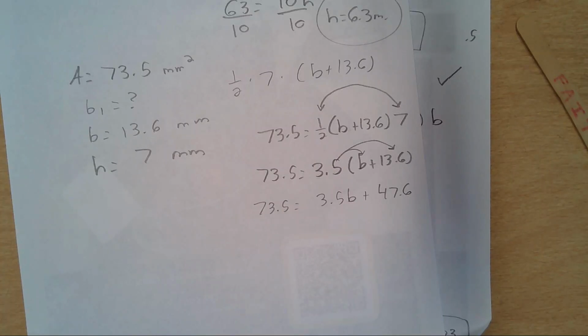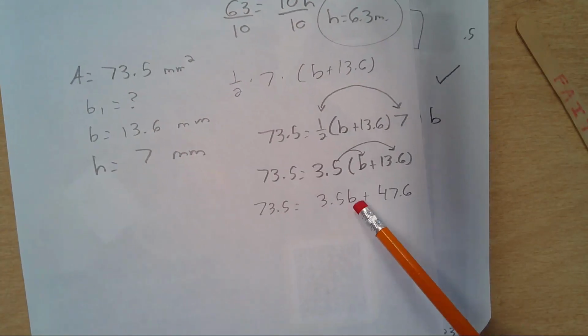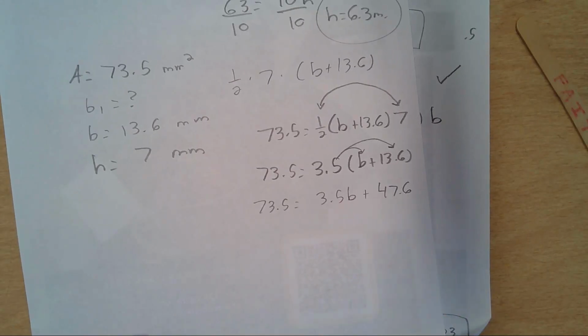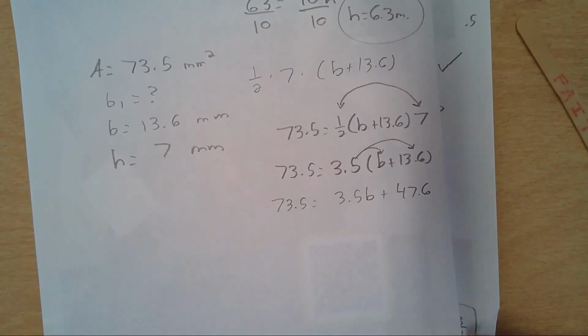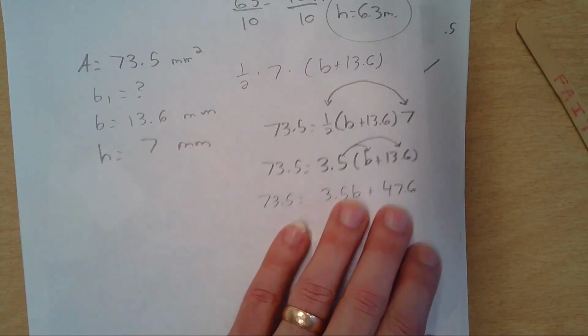This is now a 2-step equation at this point, where what am I doing to b? 2 things. I'm multiplying it by 3.5, and I'm also adding 47 6/10 to it. So any 2-step equation, what do you want to do first? Subtract. The adding or subtracting element.